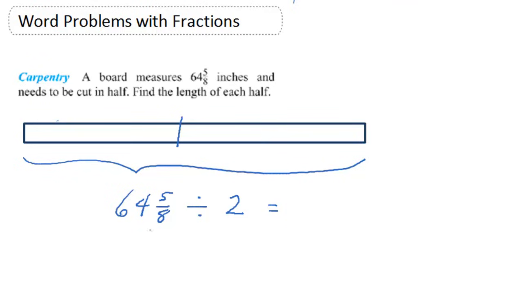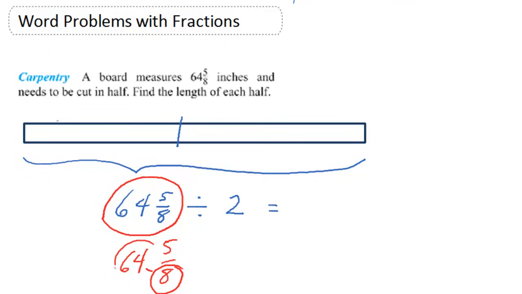Okay, now before we can divide these fractions, we have a mixed number here, and we're going to have to change that mixed number to an improper fraction so that we can do our flip and multiply. So changing 64 5/8 into an improper fraction, you're going to take the 8, multiply it times the 64.